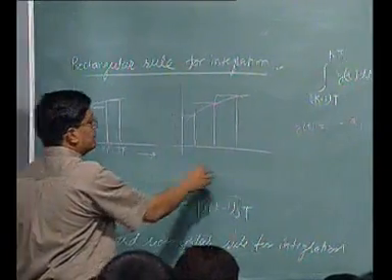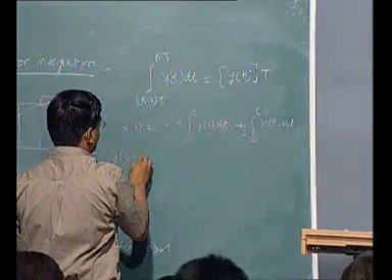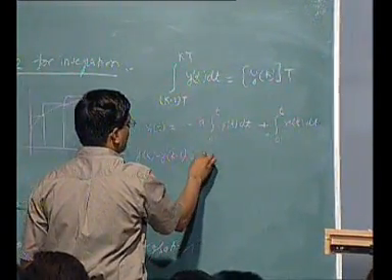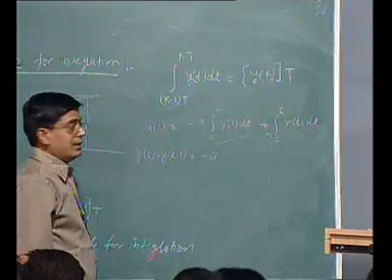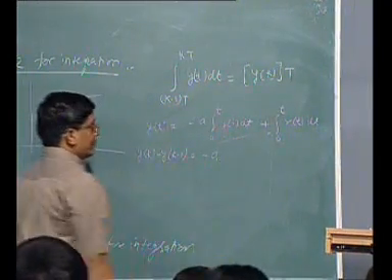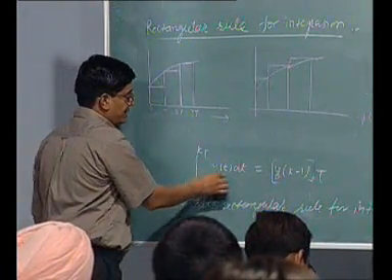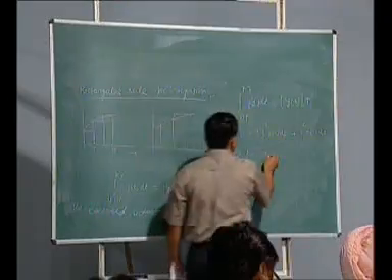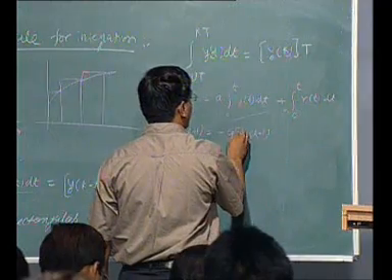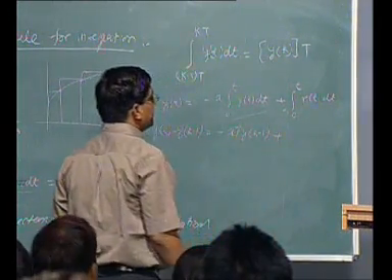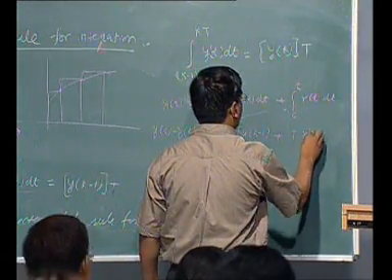Now, by putting these limits, I get y(k) minus y(k-1) equals minus a times the integral part. Instead of this, if I use the forward integral method, I can replace it by y(k-1) times T. Similarly, r(k-1) times T.